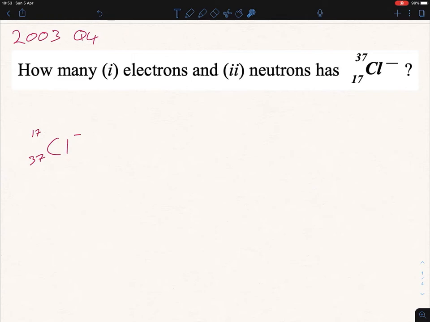Now, let's have a look. We have an ion here, and the atomic number represents the number of protons in the nucleus of an atom. Now we know if it's a neutral atom, the number of protons and the number of electrons will be the same. But in this case, it's not neutral. It's negative, so that means we have an extra electron present, because electrons are negatively charged.